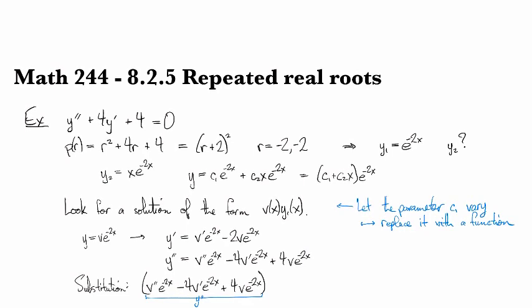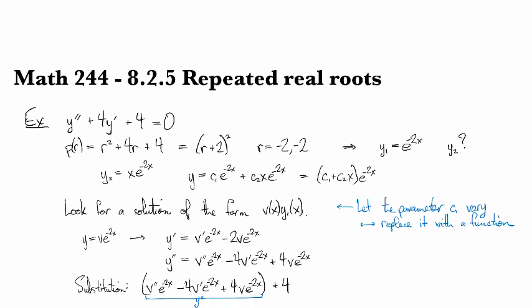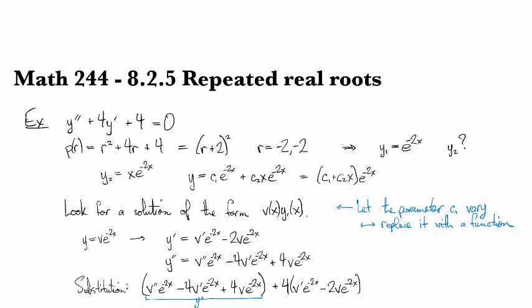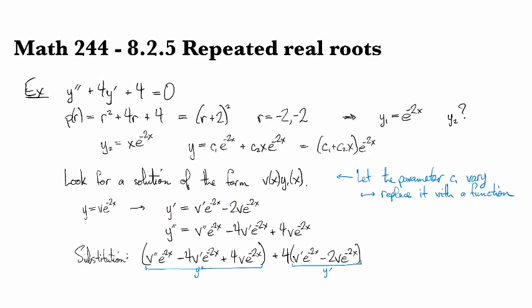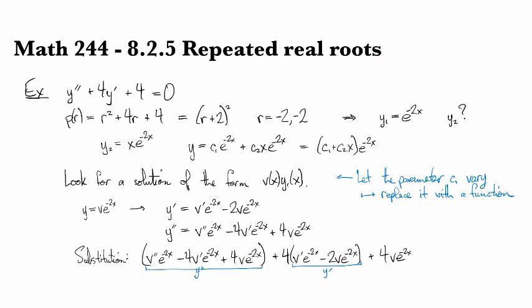And then I'm going to have plus 4 times y prime, so that's this guy here. And then I'm going to have plus 4y. And this is all supposed to add up to 0.